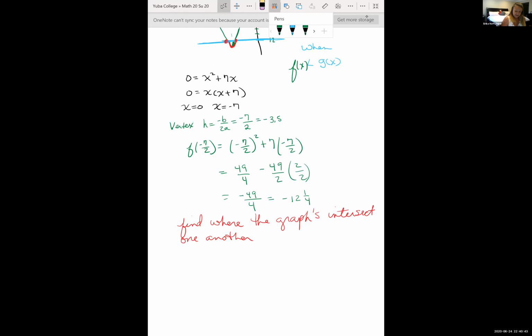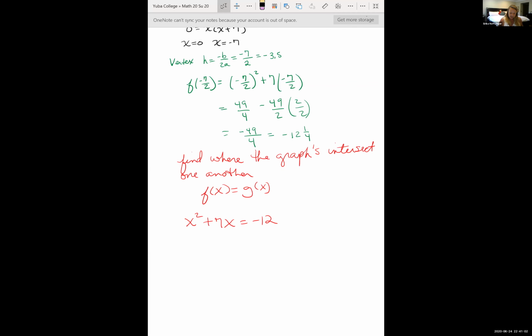So that's basically saying when is f of x equal to g of x? Or when is x squared plus 7x equal to -12?